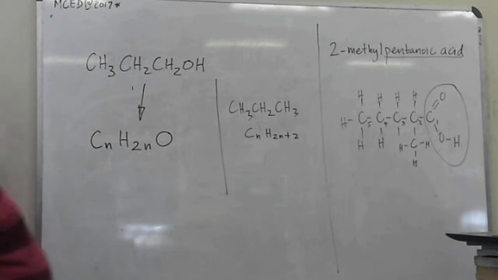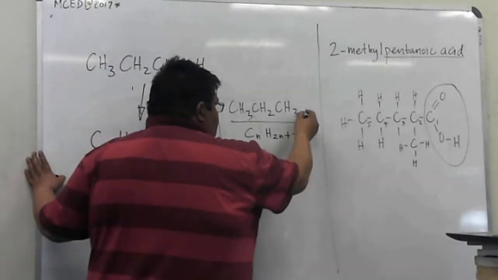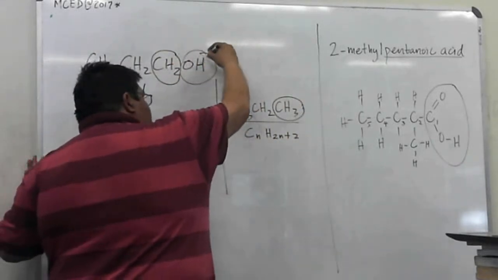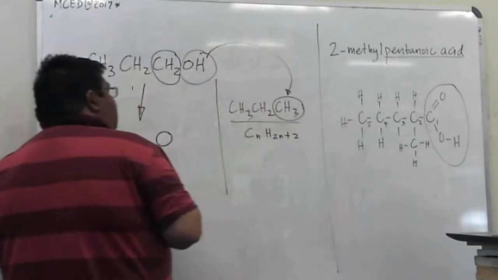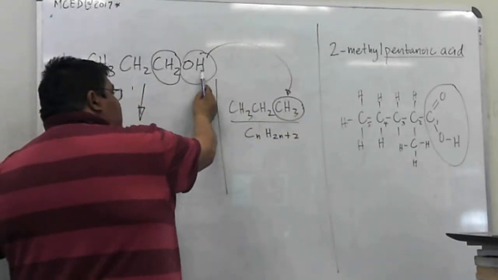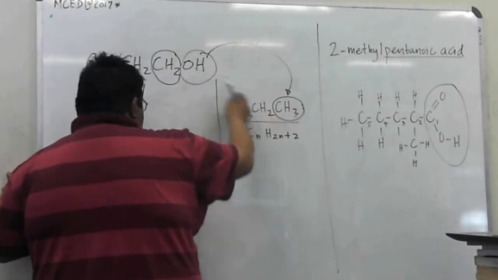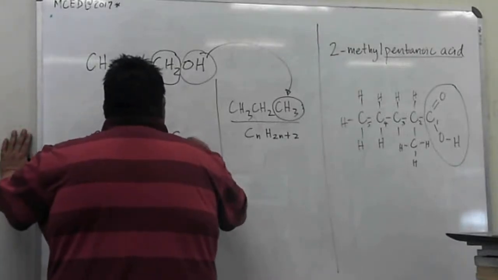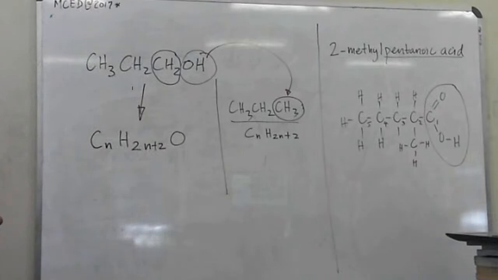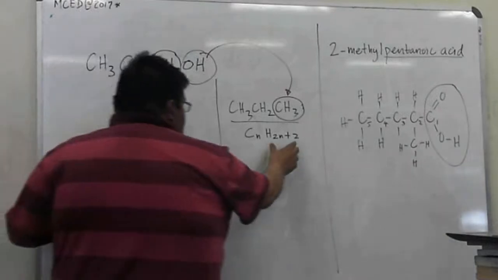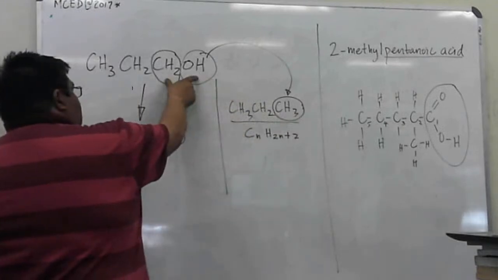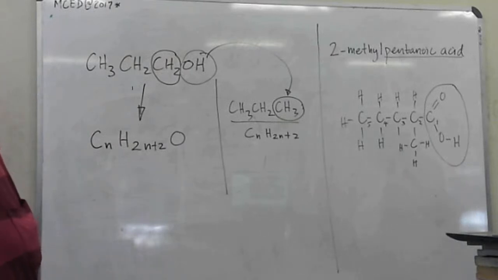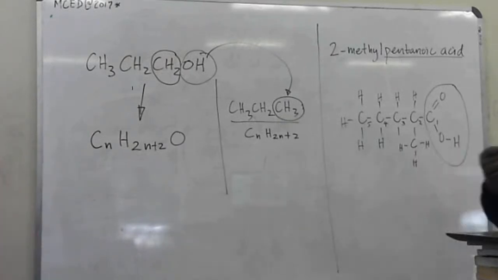Are we clear? Look at the propane. See the 3 hydrogens over there. See the 2 hydrogens over there. The OH is substituting one of those hydrogens. So there's still 2n plus 2 H, but it's also an O. Same number of hydrogens, but an extra O. Give you some time to absorb that knowledge.